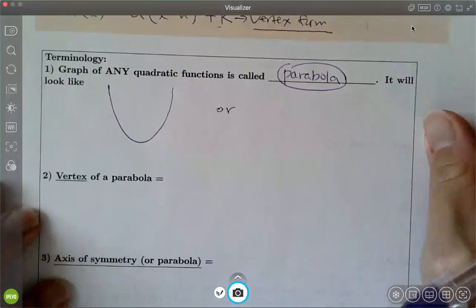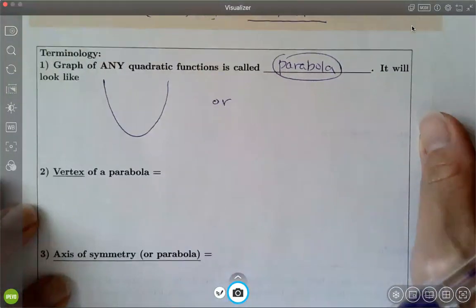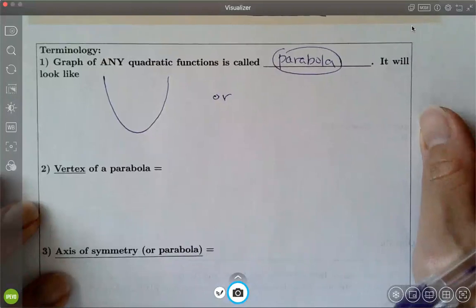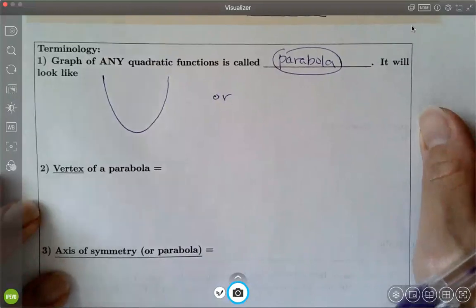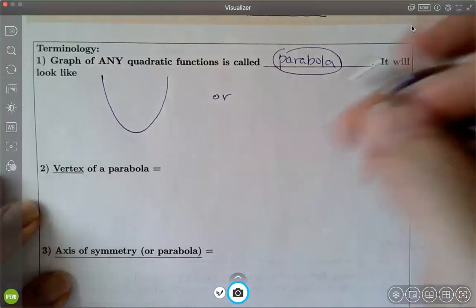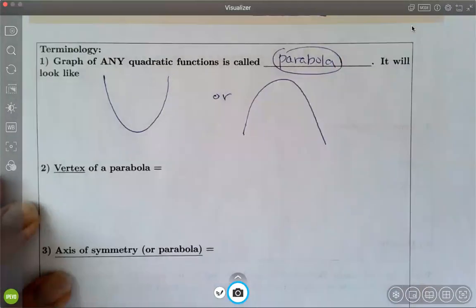What is the other kind of parabola that's also possible? Is the upside down U possible? Yeah, right? Okay, so it's one of these two.